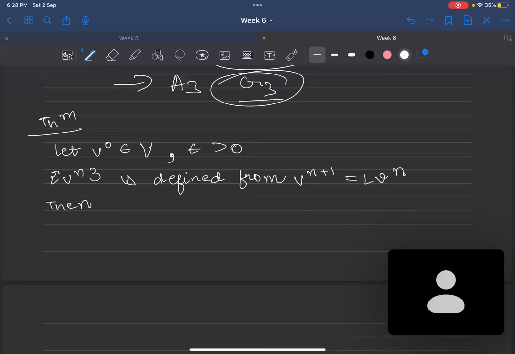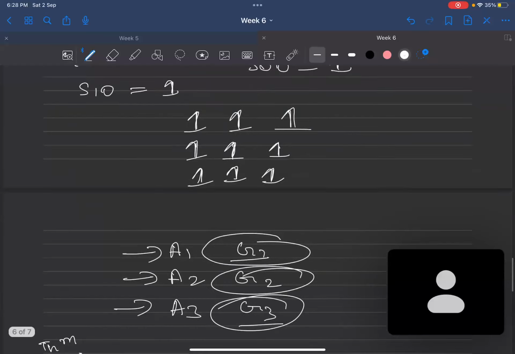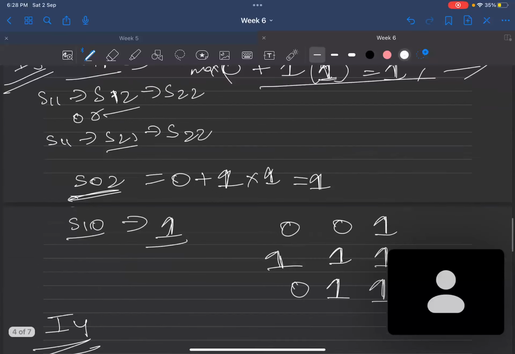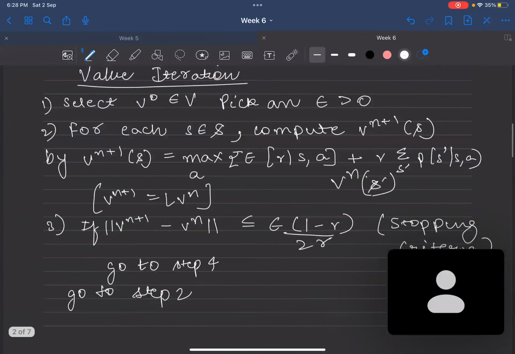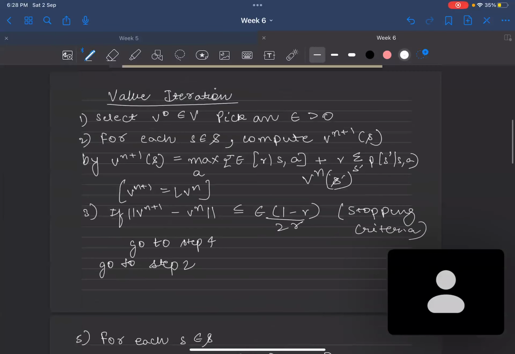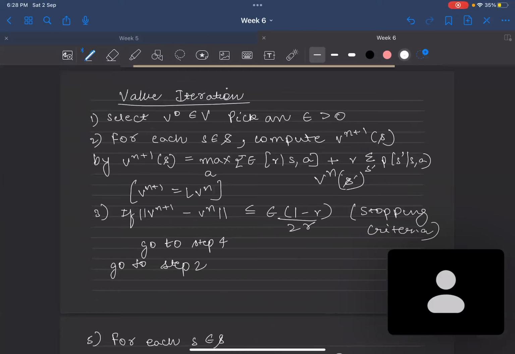Here we are saying that we are going epsilon close, as we'll see in this value iteration algorithm, that Vn plus 1 minus Vn is epsilon close. Yes, it's epsilon optimal, so it's close to that.